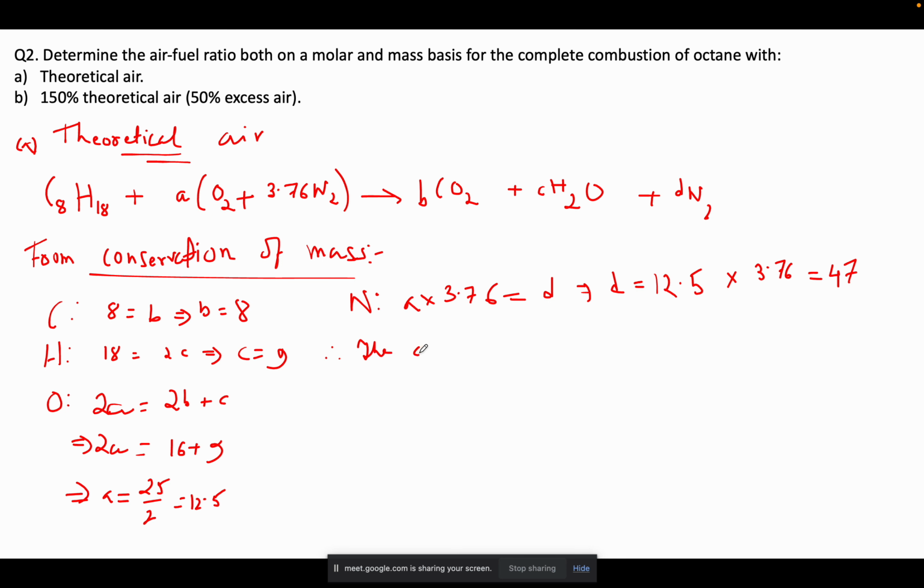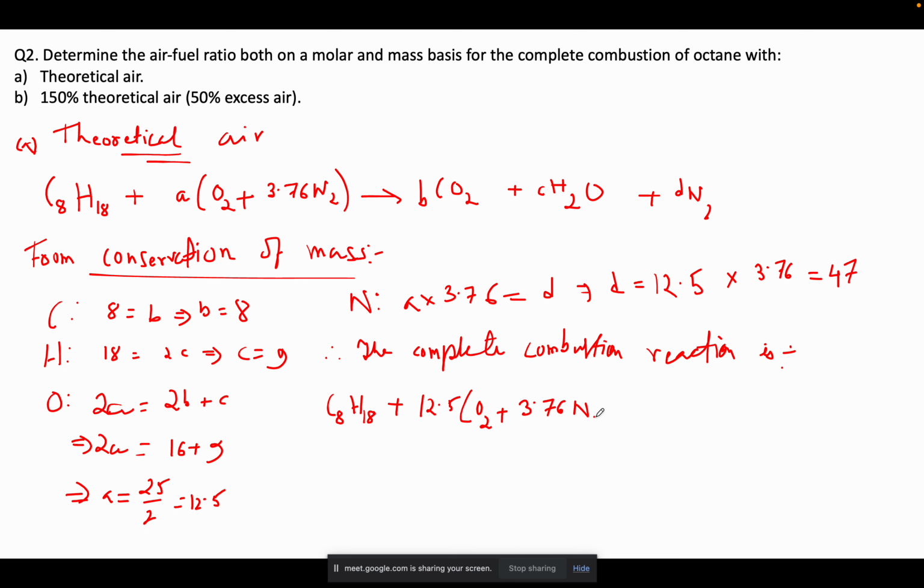Okay. So therefore the complete combustion reaction is C8H18 plus, you've got A is equals to 12.5, so this will be 12.5 times O2 plus 3.76 N2.